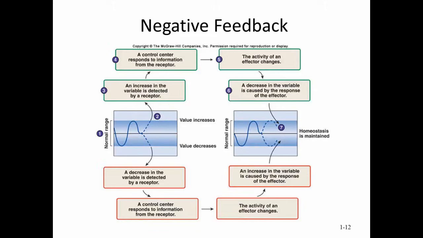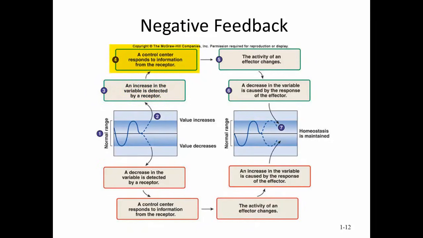And if we look at this slide here, we'll see going out of the normal ranges here. So an increase in the variable is detected by a receptor, and this is what you need as far as feedback systems. You need a receptor. That would be like the thermometer in our thermostat.